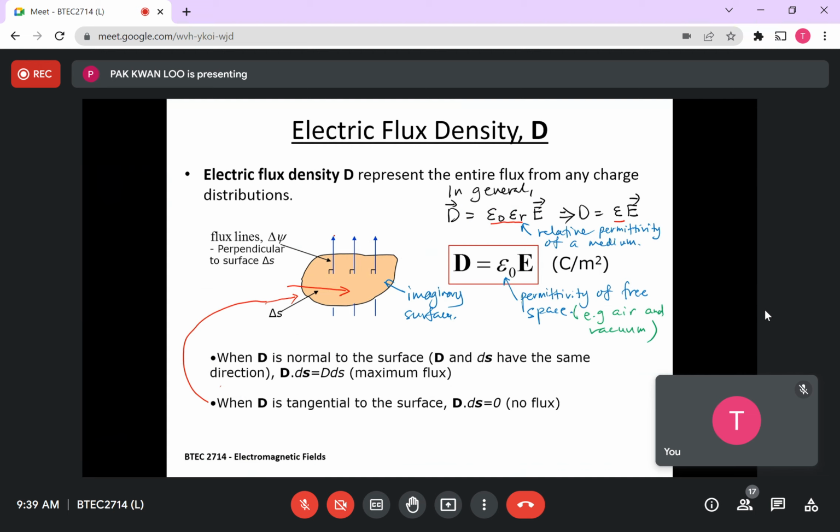If the direction is not in the same direction as the normal to the surface, then what will it be? Let's say I put another point here.